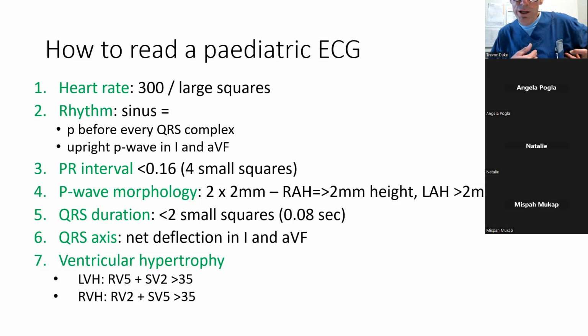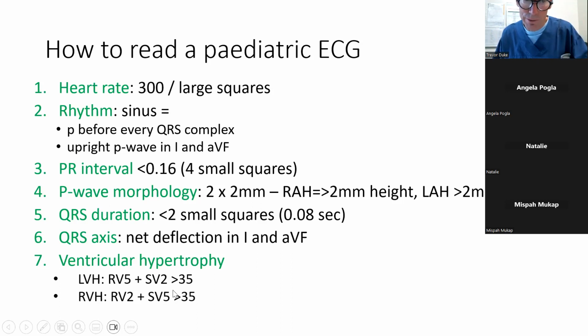And so when you are thinking about whether there's ventricular hypertrophy, look for the R wave in V5, and how deep the S wave is in V2. Remember, it's the R wave that is looking at the depolarization of that particular ventricle.